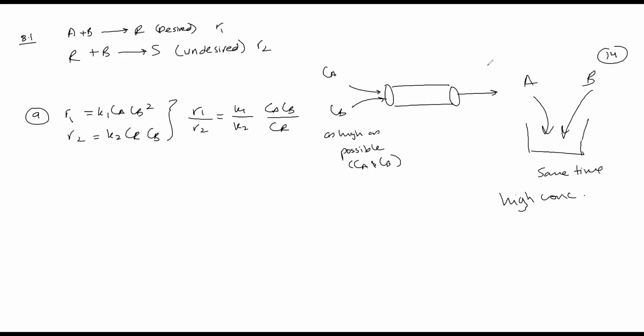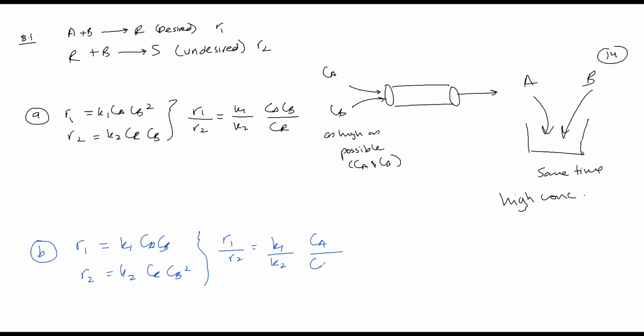Okay, and again, we're going to repeat this for all of them. Maybe I'll just do B and then you can do the rest. For B, R1 was K1 CA CB, and R2 was K2 CR CB squared. So if I write the ratio R1 over R2, this will be K1 over K2 times CA over CR CB.